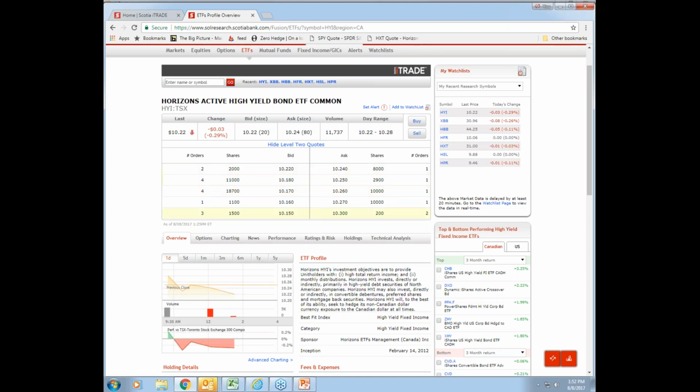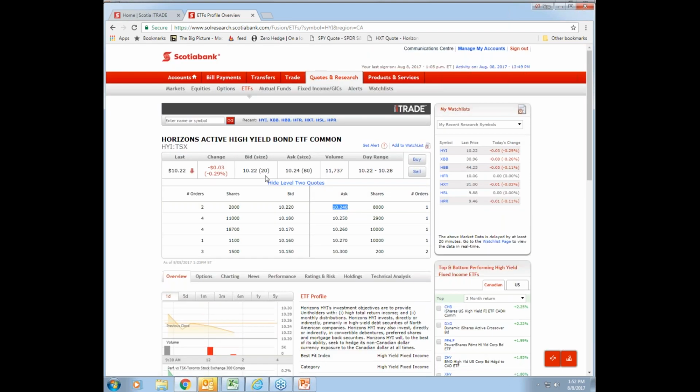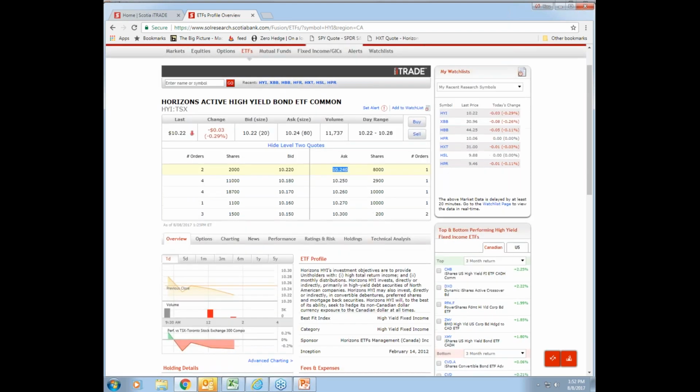But it's important to look at the depth of order to see, if you were to execute right now, what would be available for you, although I would expect that whoever's offering at 10.24 probably comes in with even more volume at 10.24 because they're happy to sell that to you. It is very much a simulated auction system.